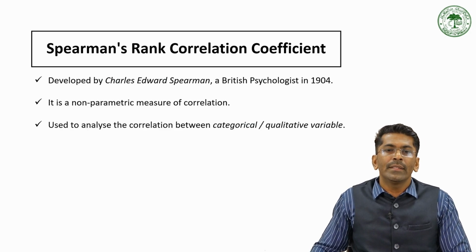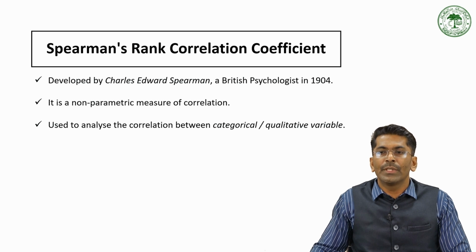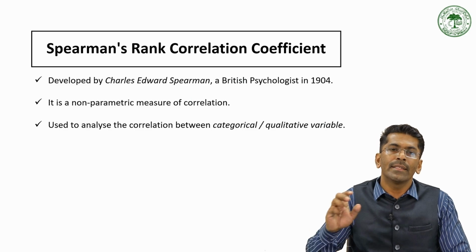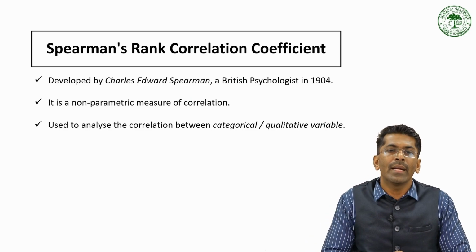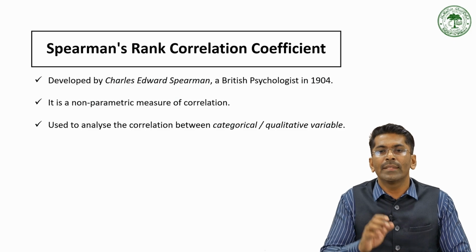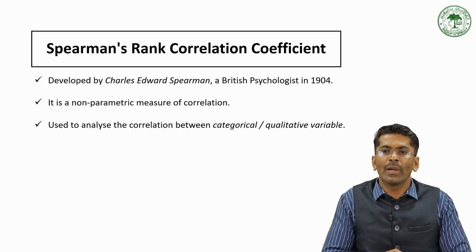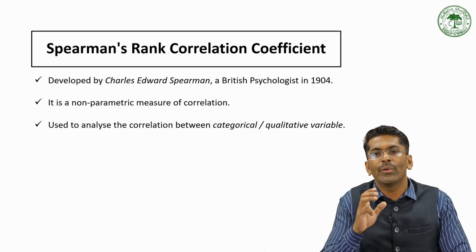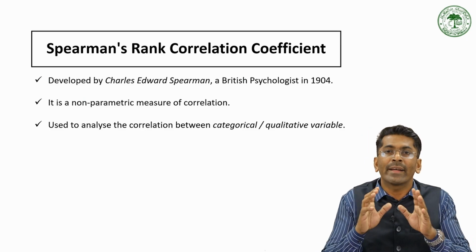Unlike Karl Pearson's coefficient of correlation, the Spearman rank correlation is used for qualitative data, that means categorical data. So when the variables are qualitative or categorical, that means it can be ranked data.